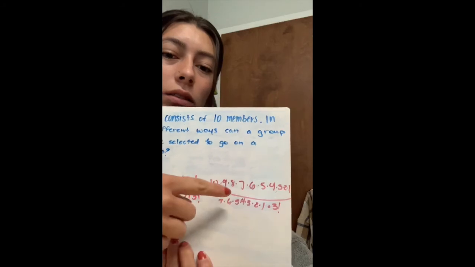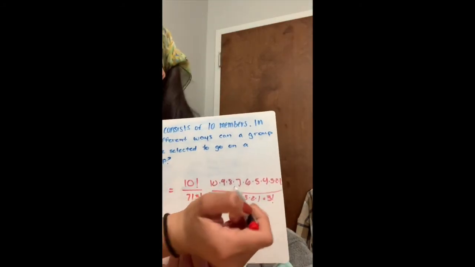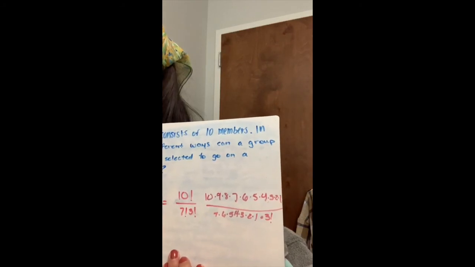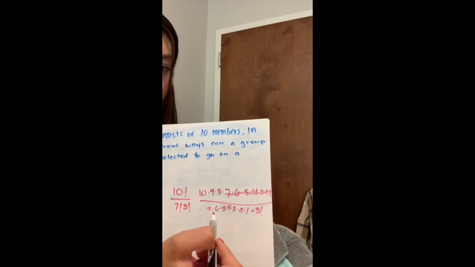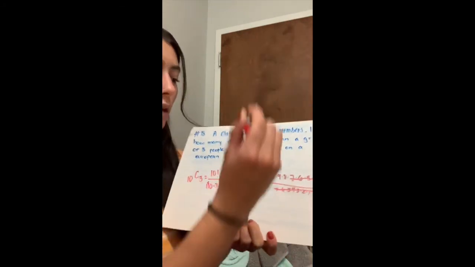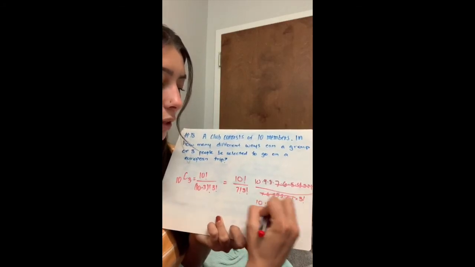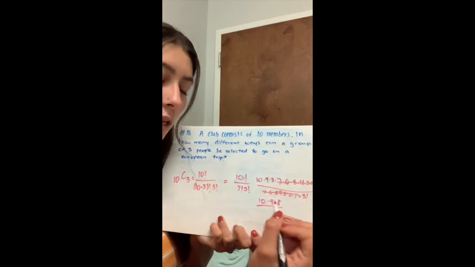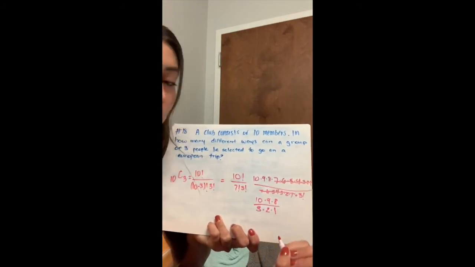So for 10 and 7, the like terms go all the way up until 7, correct? So you're going to cancel out from 7 and below and 7 and below, which leaves you with the 3, which turns into, just like we simplified the 10 into 10 times 9 times 8, and you go down the line, the 3 will turn into 3 times 2 times 1.